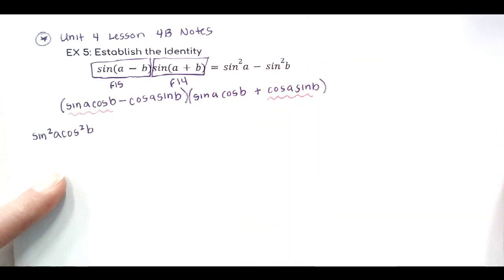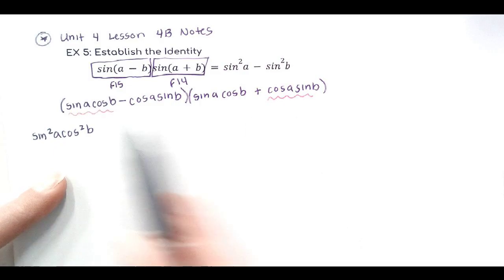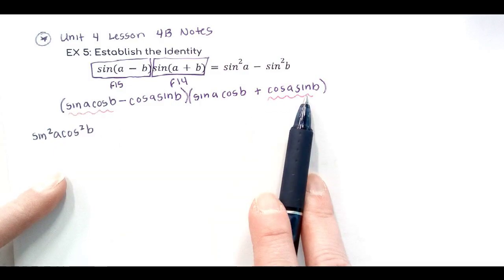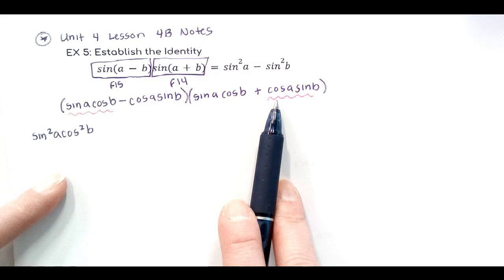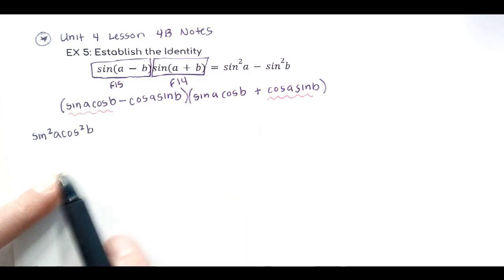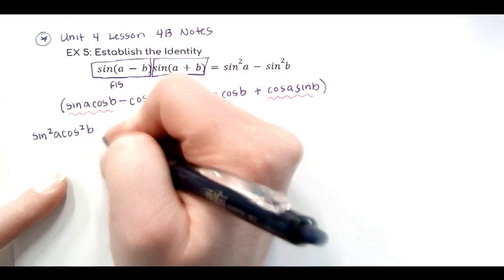Now when I do sine A cosine B times cosine A sine B, notice sine A and sine B are not the same. So you will write it as such, sine A sine B. Same deal here, I have cosine B, cosine A, not the same. So you'll have to write it, it's going to be all one big line. It's also a positive times a positive, so I'm going to get a positive.